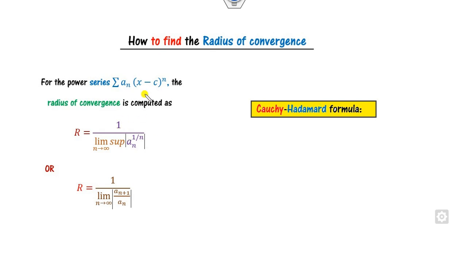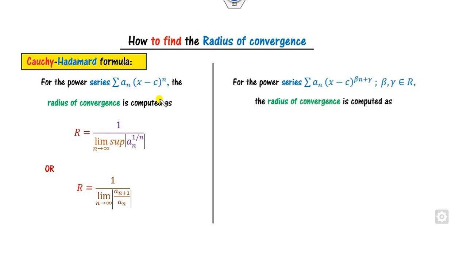That is based on a_n, the coefficient. You can write R as the limit superior of |a_n| raised to power 1/n, or this. Based on this you can find the radius of convergence of the series. However, if you have a series like the summation of a_n (x minus c) raised to power 3n plus 1, or simply (x minus c) to the 4n, how can you find the radius of convergence?